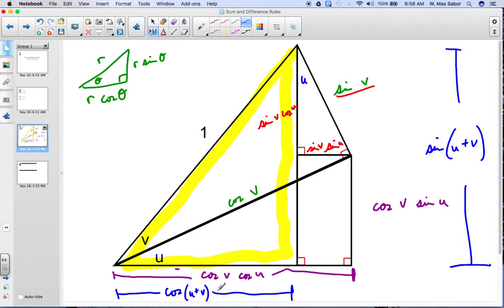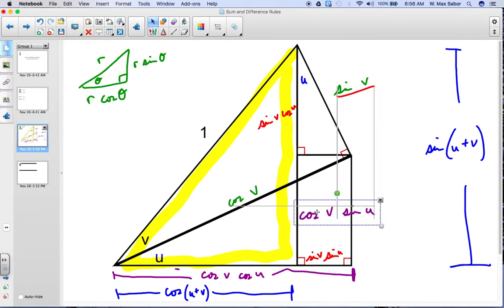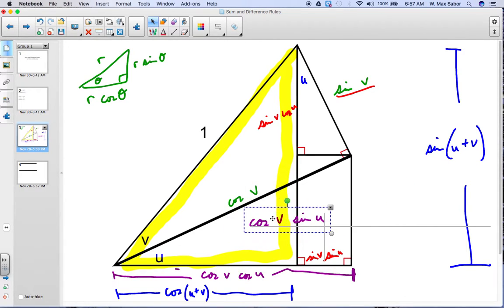Okay, now we have enough information to create formulas, because based on the properties of a rectangle, this side is equal to this side. This side, based on the properties of a rectangle, is equal to this side.